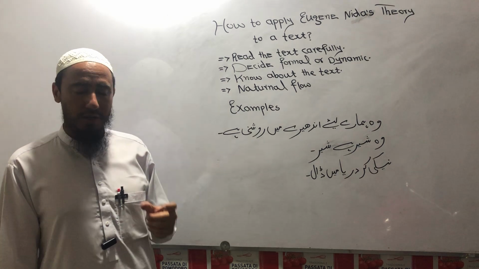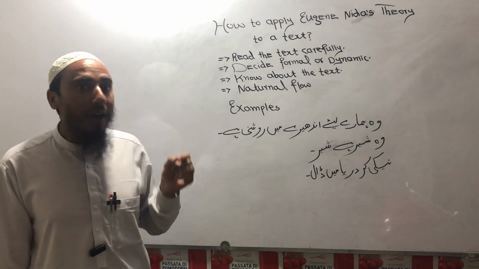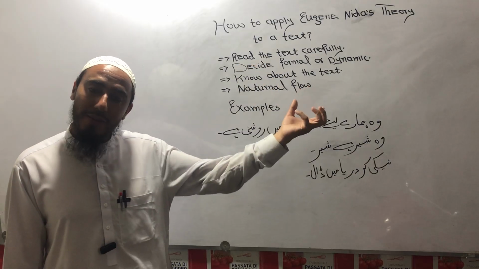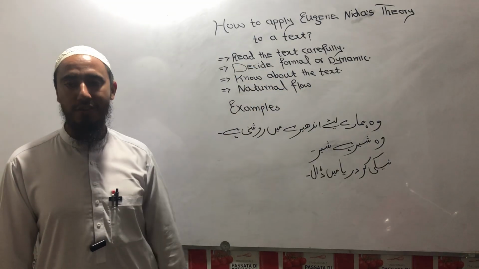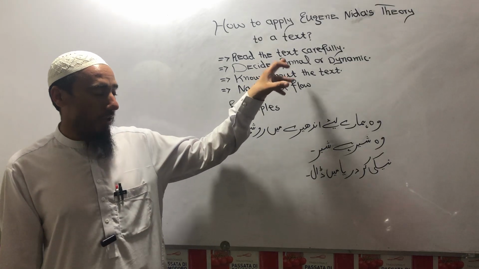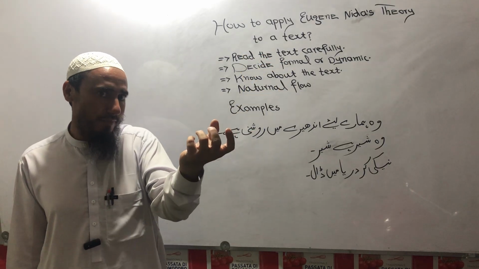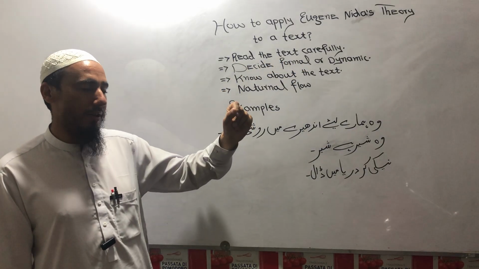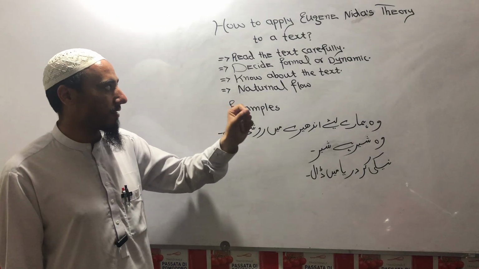The second point is, after that we have to decide whether the message is conveyed better in formal equivalence or in dynamic equivalence. And I told you, if the message is in a simple form, then definitely you can use formal equivalence. But remember, there is another point as well.